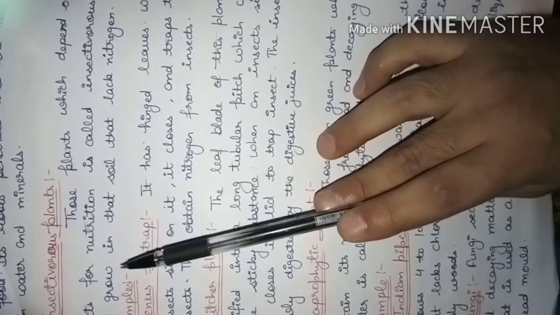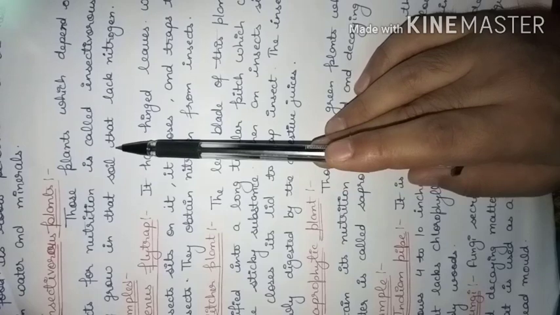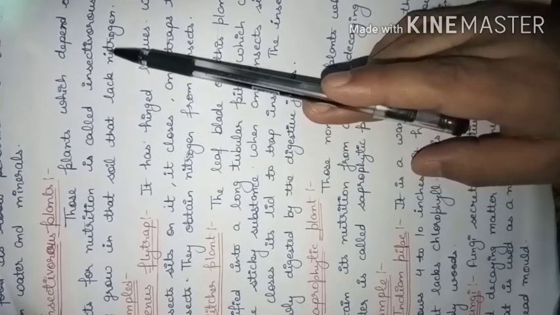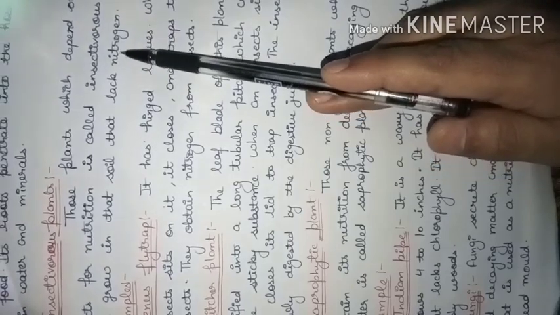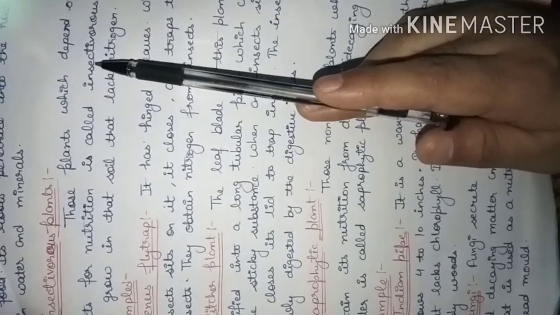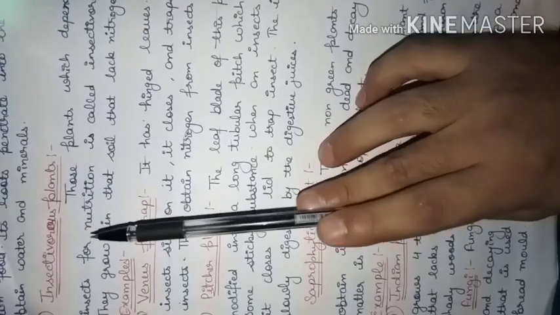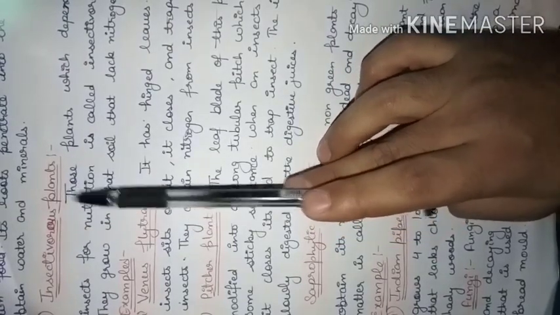The answer is that they grow in soil which lacks nitrogen and certain nutrients and minerals. So they obtain these nutrients and minerals directly from the insects. So this is the definition of an insectivorous plant.